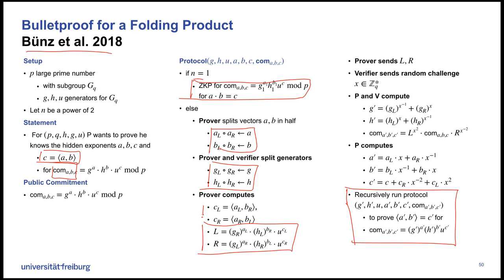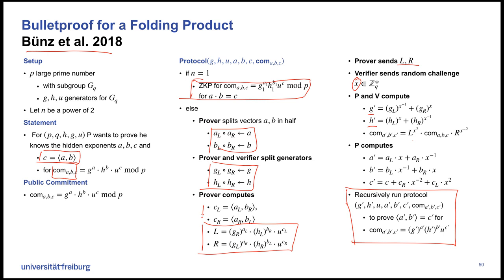So this is somehow magic, where we have some parts from the left side combined with some parts of the right side, and we send this to a verifier. Then we have a challenge x. x plays exactly the same role as alpha in the alpha proof. And then we compute G prime and H prime.